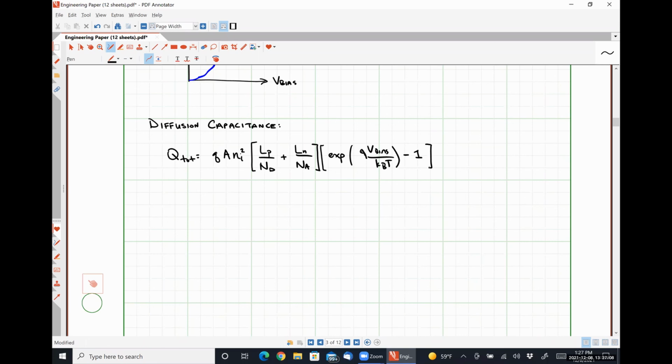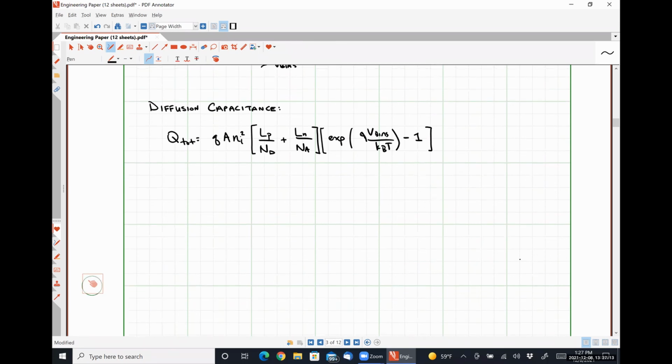Okay, that's the total charge stored by those excess carriers.